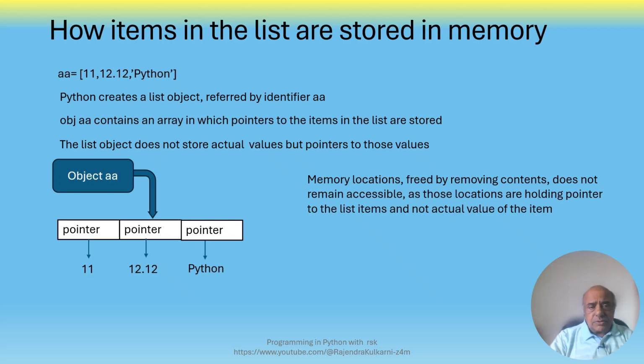Python doesn't give us any method or any way of accessing the freed memory locations, so that programmatically we can assign values to those locations. It's the job of the OS and Python and not the programmer.